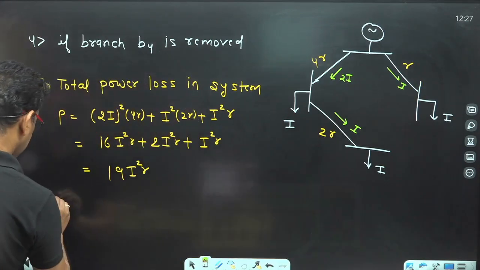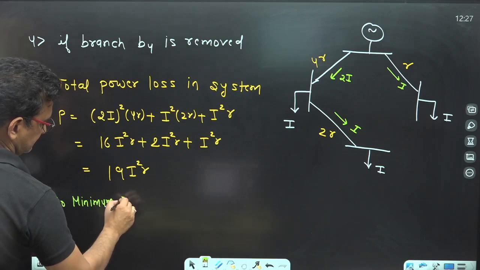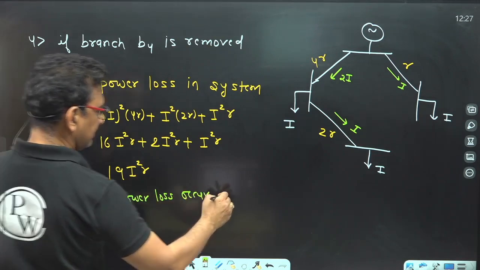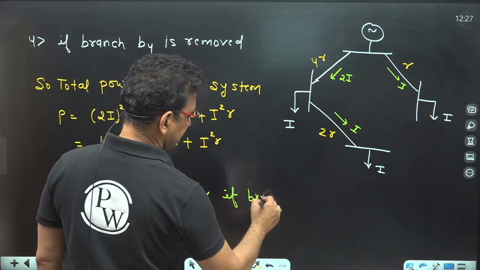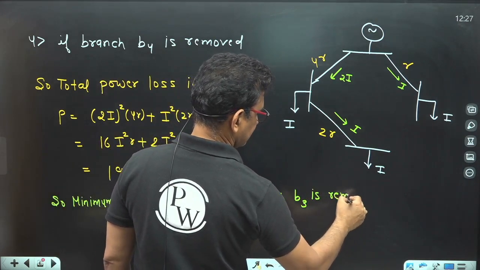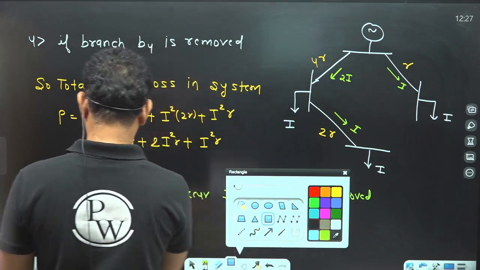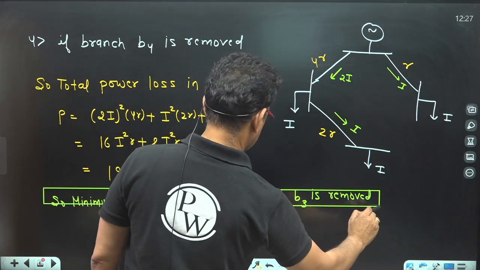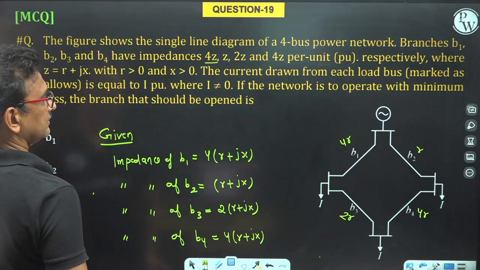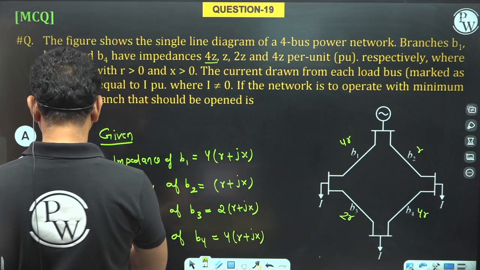So the minimum power loss occurs if branch B3 is removed. So C is the right option.